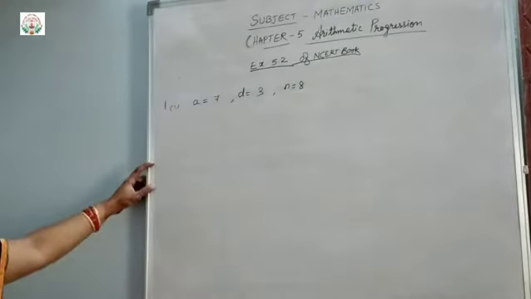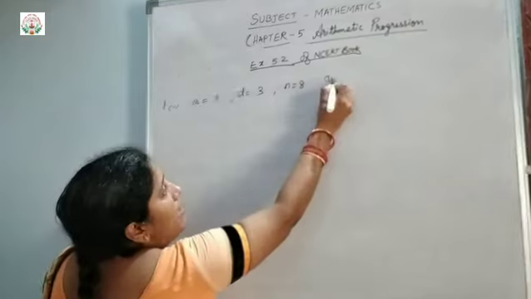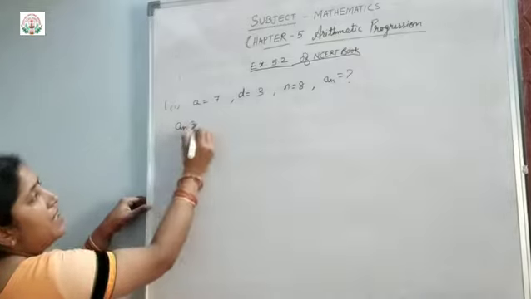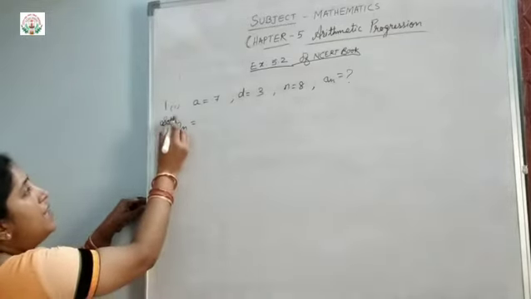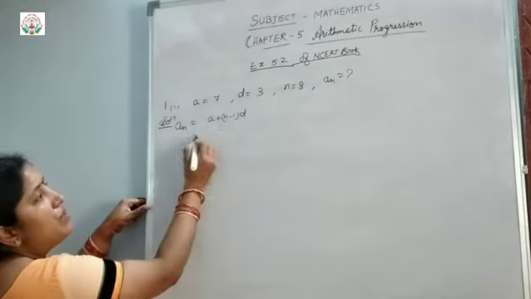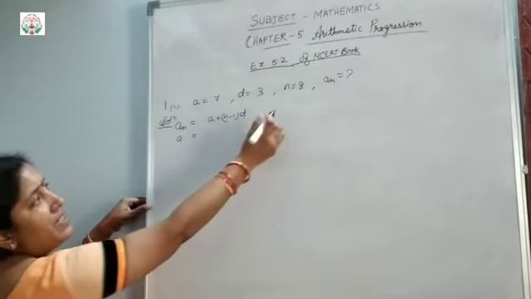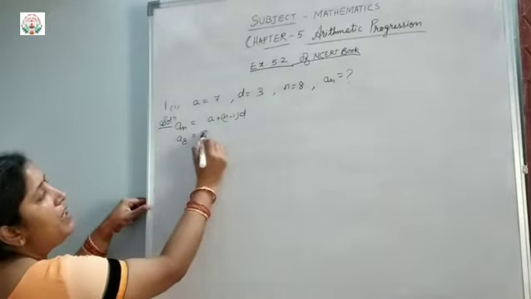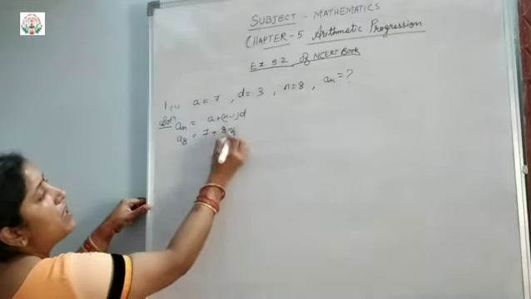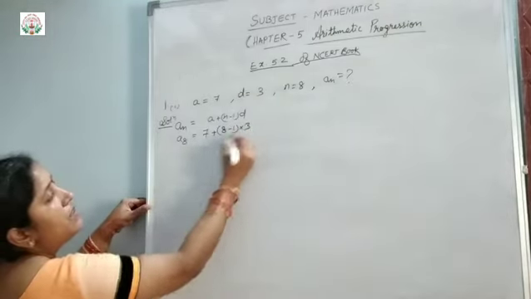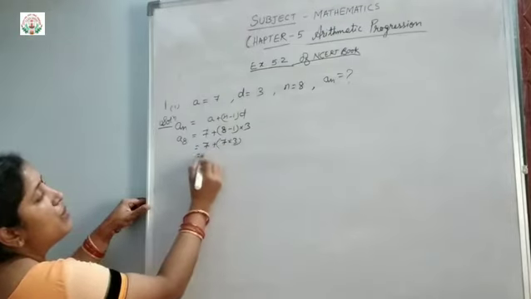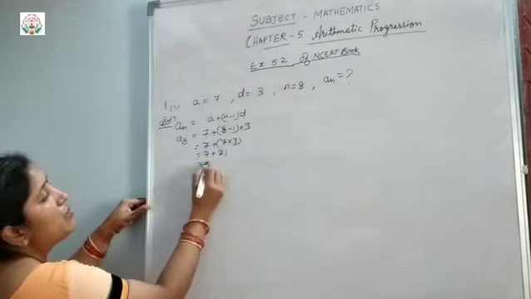Then you have to find An. So the solution: the nth term is A plus N minus 1 into D, with N being 8. A is 7, so 7 plus 8 minus 1 into 3, which equals 7 plus 7 into 3, which equals 7 plus 21, which equals 28.